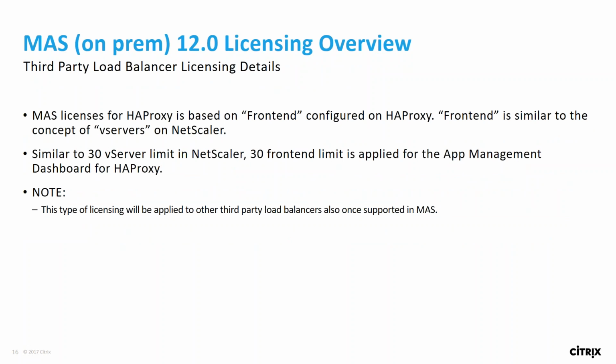Coming to third-party load balancer details, which is HAProxy, we have a separate type of license for third-party load balancers. Now, as with MAS licenses for NetScalers, when you have a MAS license for NetScalers, you will be able to leverage the analytics functionalities up to 30 vServers. Similarly, in HAProxy, there is a concept called frontend, which is quite similar to the concept of vServers in NetScaler.